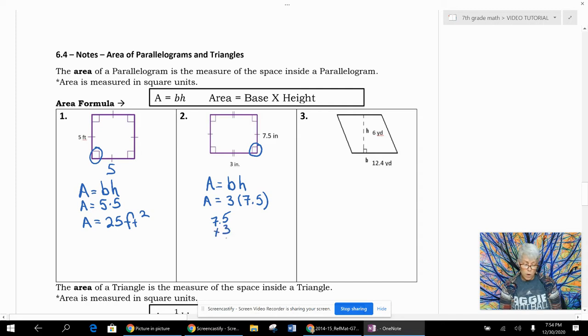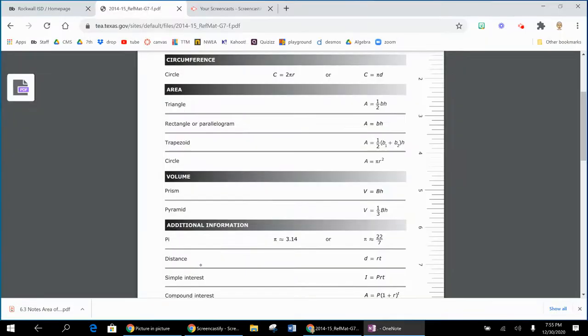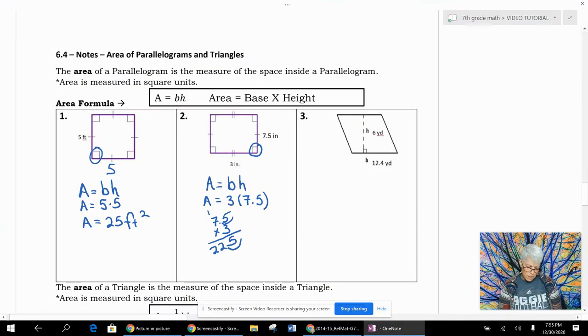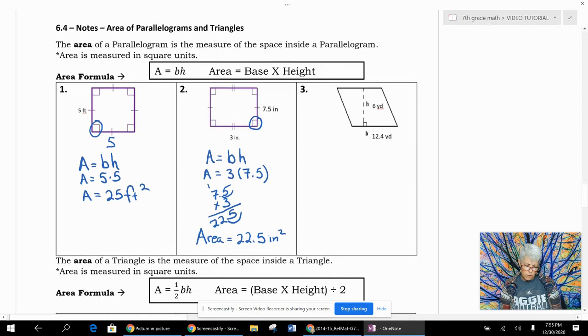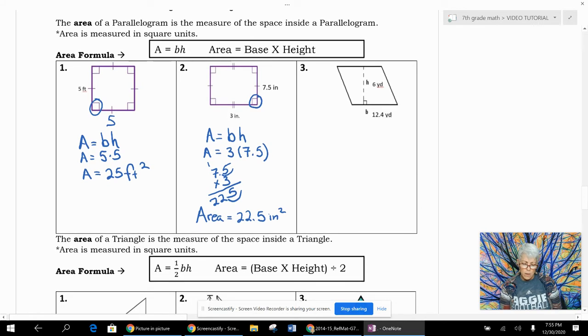I'm going to ignore the decimal for right now. Now I'm finished. This decimal is 1 place over. 3 has no decimal, so I can ignore it. And then I move this decimal 1 place over. So sorry about that. The area equals 22.5 inches squared.